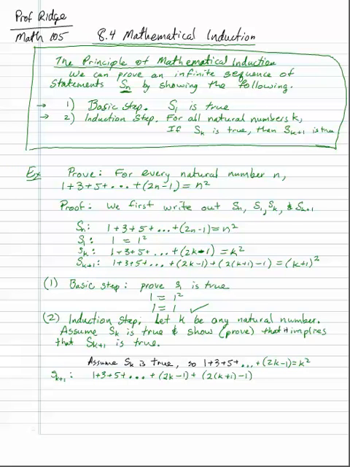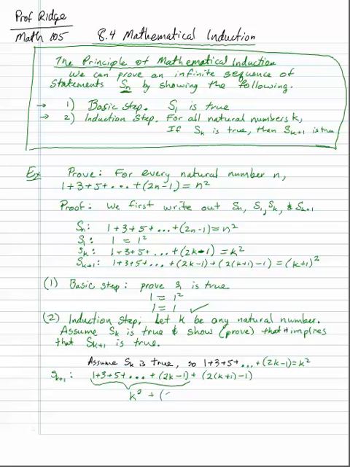Again, the reason you write out that k plus 1 term is that you put in the previous terms, 1 plus 3 plus dot dot dot plus 2k minus 1, plus 2 times k plus 1 minus 1. By the assumption, the first part is equal to k squared. That's the inductive step there.